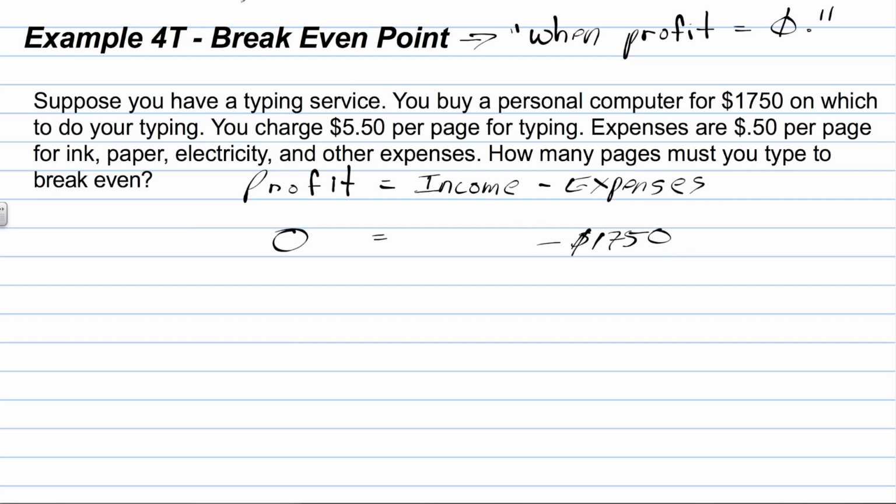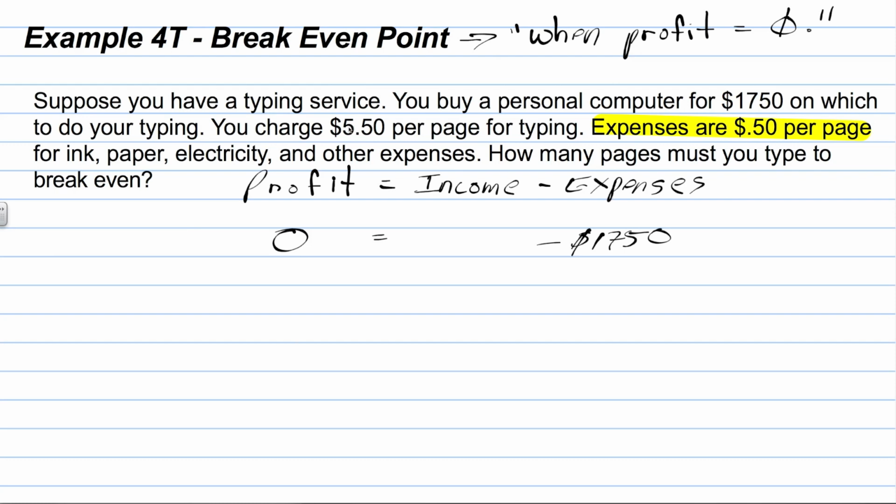Now it says here, and this might trick you a little bit, that expenses are 50 cents per page. Don't let that confuse you. Even though that's an expense, we're going to subtract that from this income. We charge $5.50 per page for typing. Expenses are 50 cents per page for paper, ink, electricity, and other expenses.